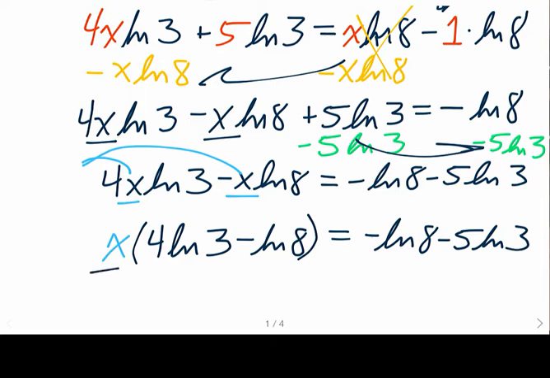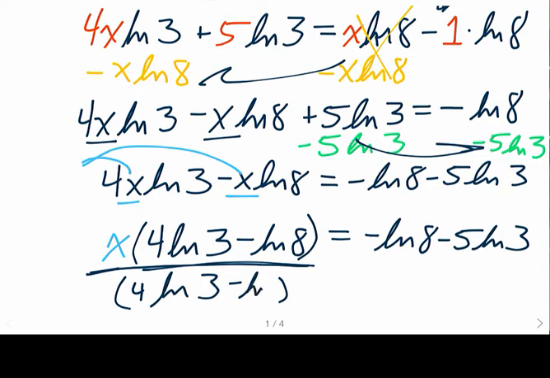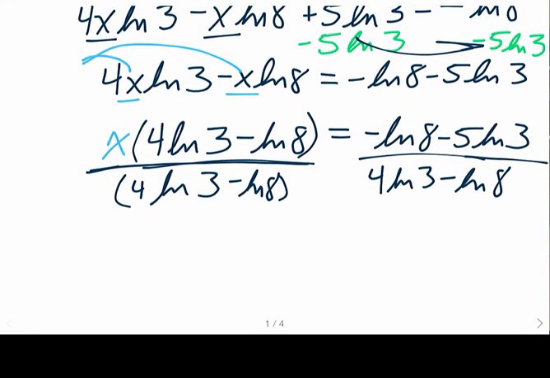In other words, I have x times the parenthetic quantity, and so if I actually divide both sides by that parenthetic quantity, I'm going to end up isolating x. So I'm going to divide both sides by 4 times the natural log of 3 minus the natural log of 8. And on the left-hand side, that factor divides out. I end up with x all by itself, which is what we were after this whole time anyway.